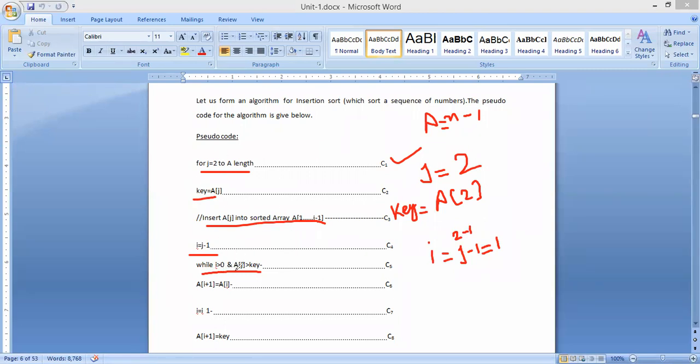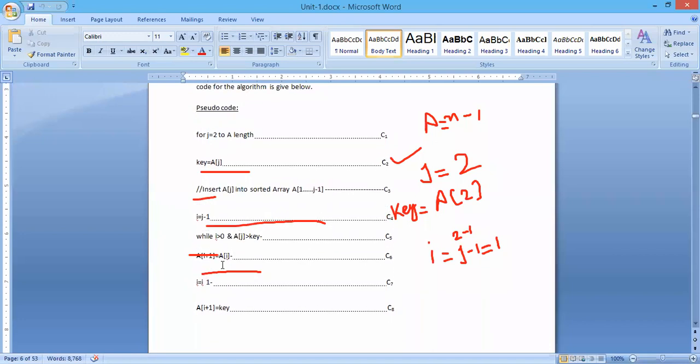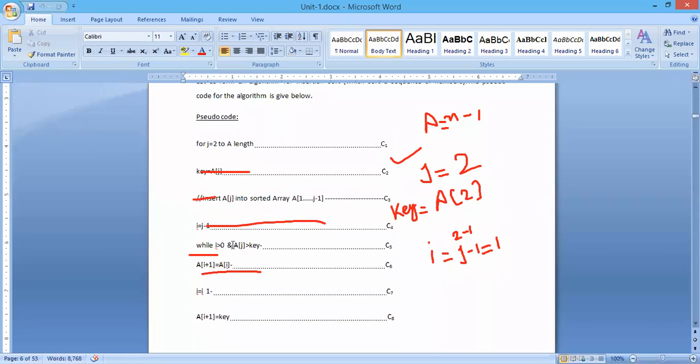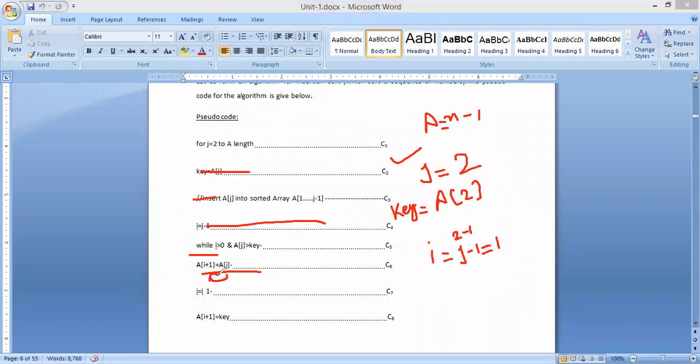Now, with respect to this while loop, A of I is going to transfer to this value. Here it is I minus 1, let me add it.